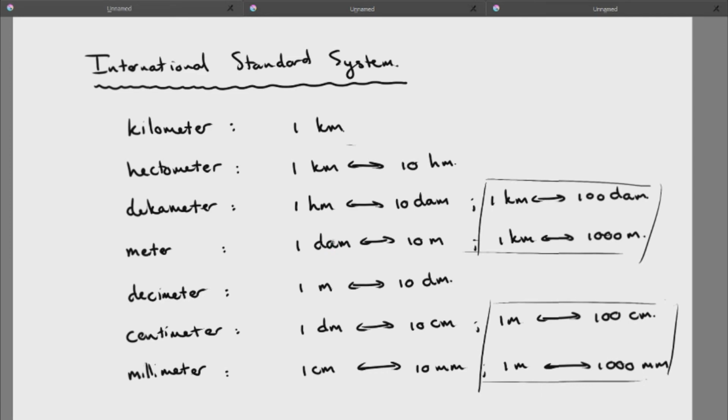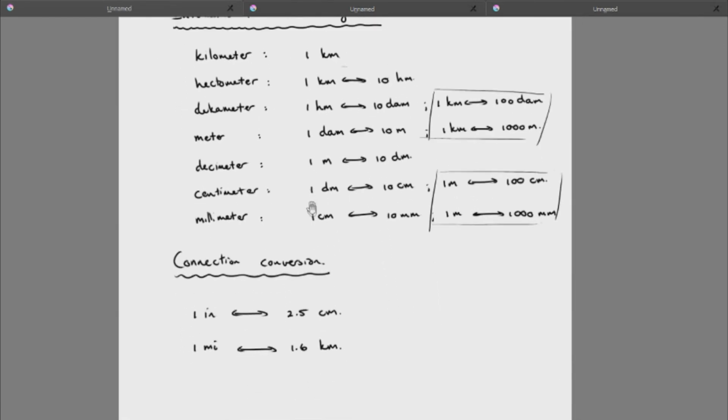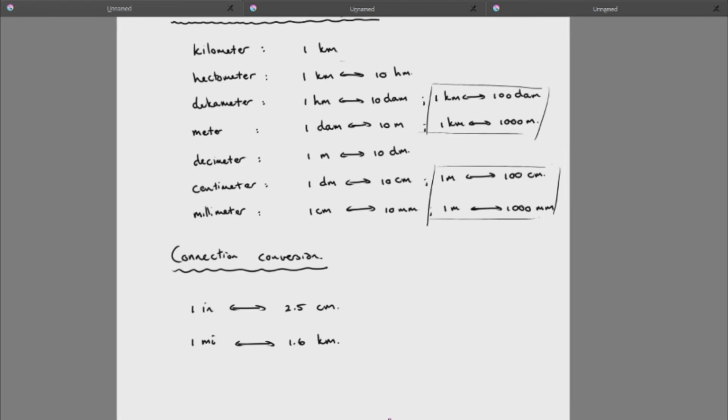Now, the two links between these two systems that might be the most well-known, and again, I'm approximating, is 1 inch is approximately 2.5 centimeters. If you look it up more precisely, it's 2.54, but I think many people just memorize 2.5 because it's easier.